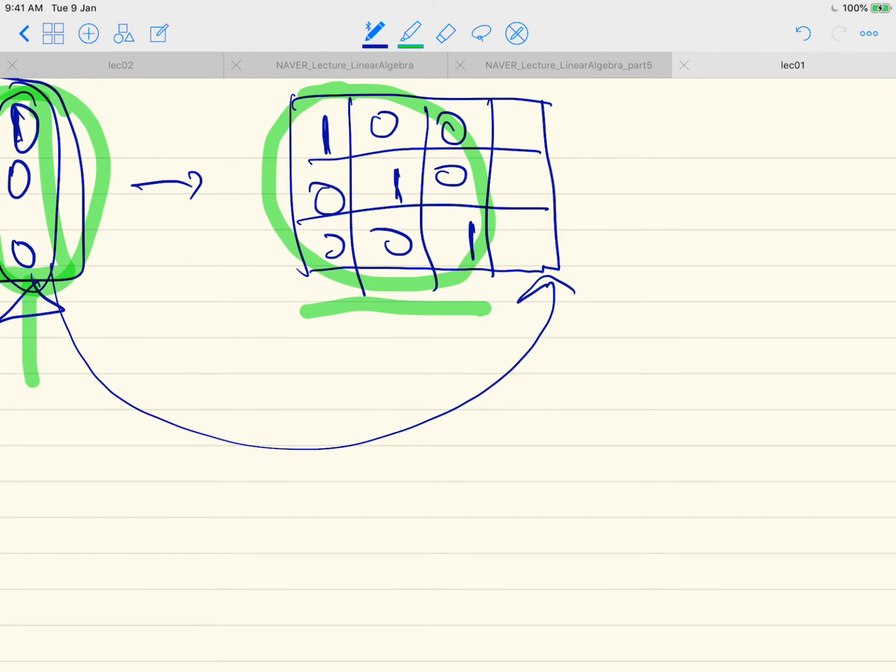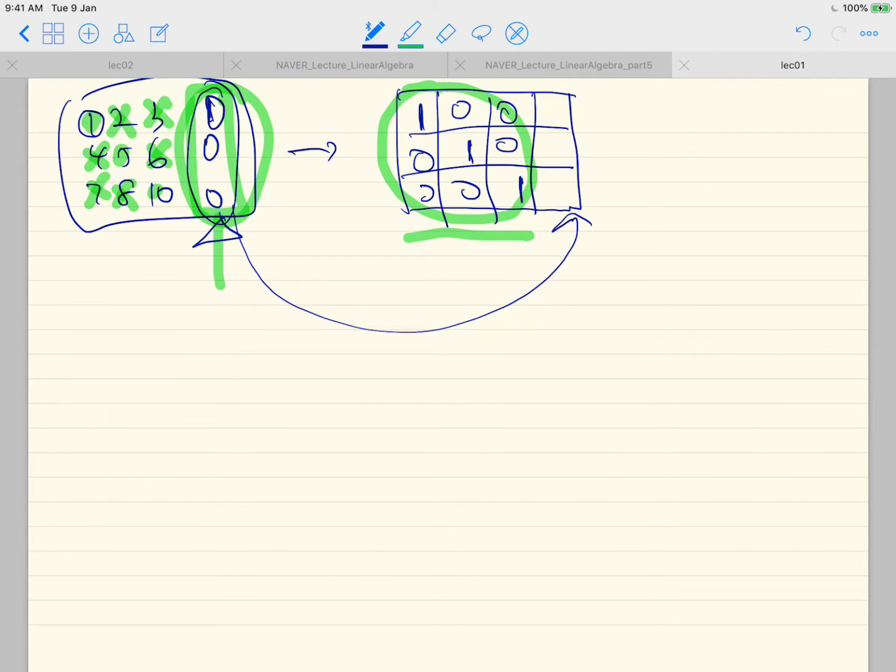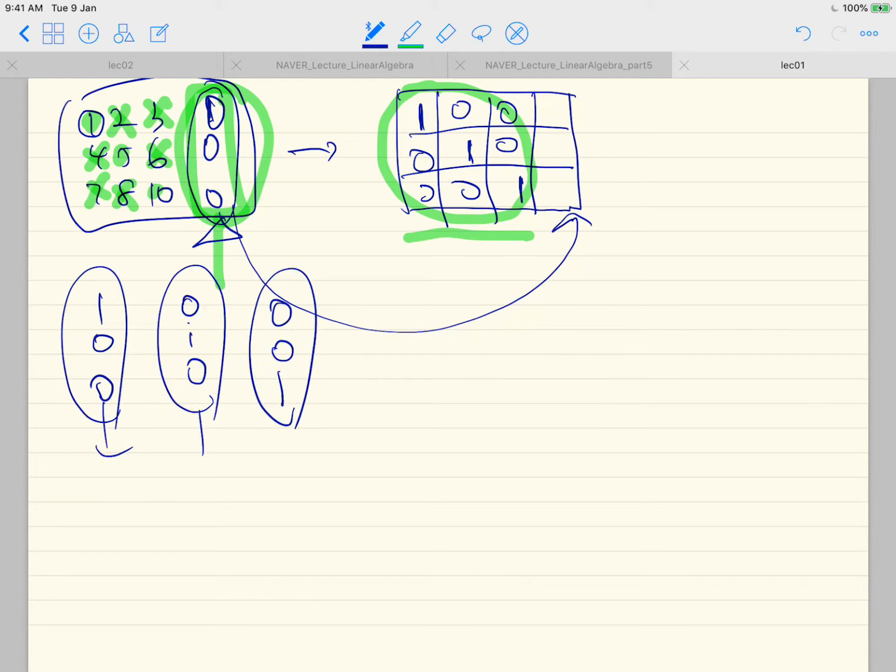Okay, then, even though 1, 0, 0 and 0, 1, 0 and 0, 0, 1 are transformed in their own manner into other vectors, okay? This is a little bit inaccurate, a logical jump, but suppose the resulting vectors are somehow 1, 0, 0 and 0, 1, 0 and 0, 0, 1.